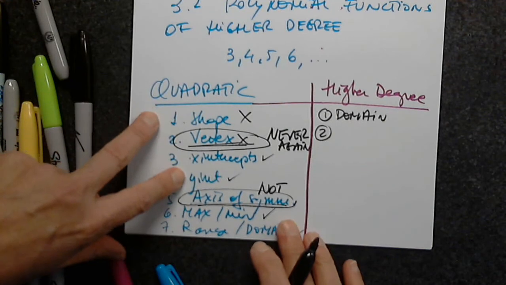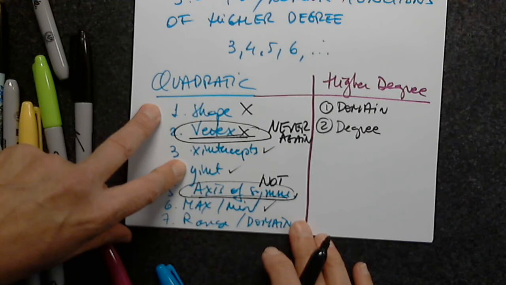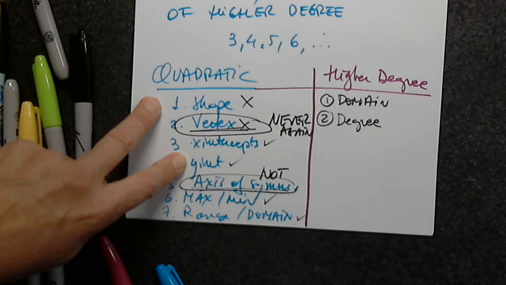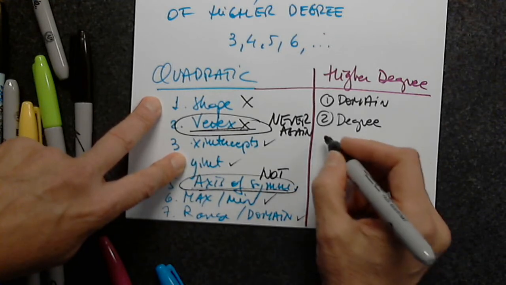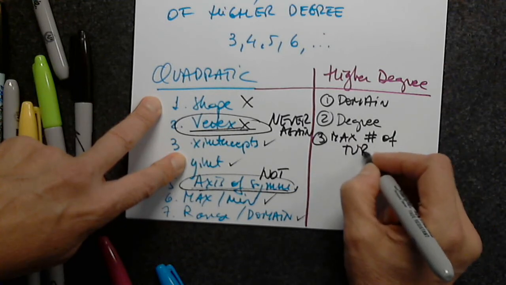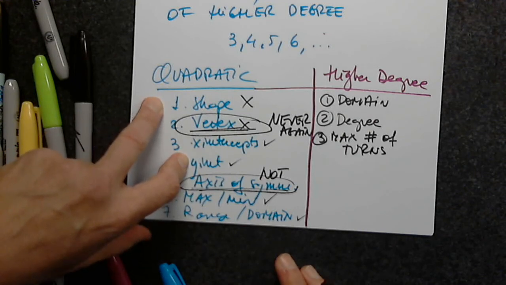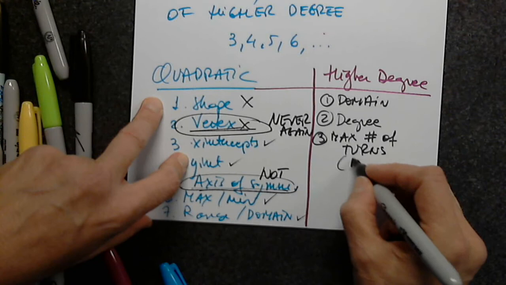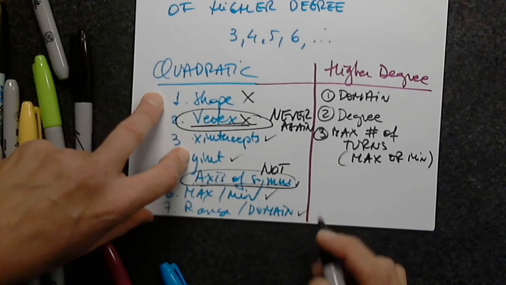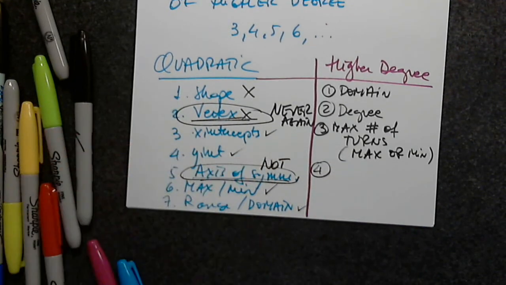Number 2, degree. Some of these items can be made into one, but I just want to present the whole list just once. 3, max number of terms. By terms, we mean max and min. That's what we mean by terms. Max or min. Number 4. I would need to insert a word in here.